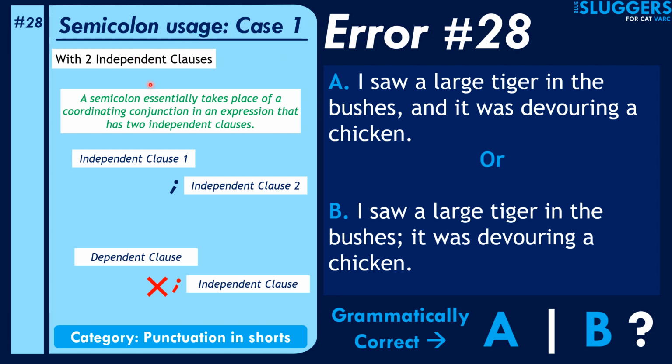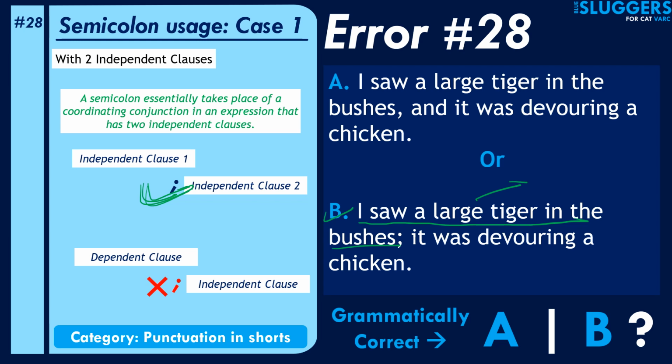And the case says that if you have an expression which is made up of two independent clauses, independent clause 1 and independent clause 2, then you can use a semicolon in between these two clauses. It is grammatically correct and apt to use a semicolon in such a case. For example, let's look at the second sentence. It starts with "I saw a large tiger in the bushes."